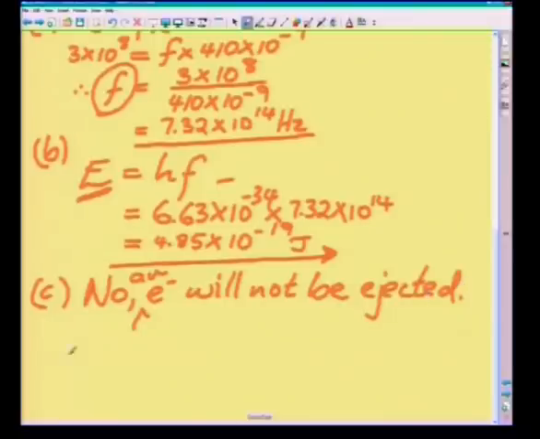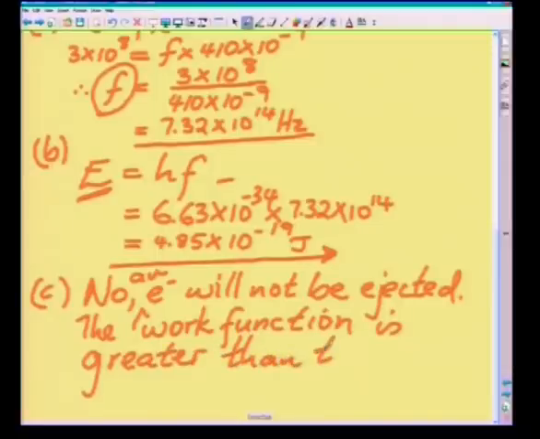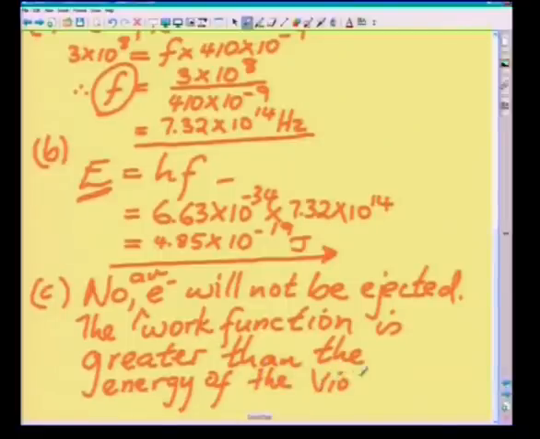The question further says, explain your answer. Why? Because the work function of the metal is greater than the energy of the violet photon.